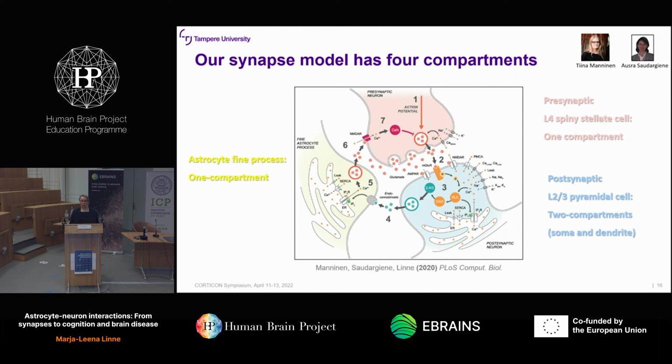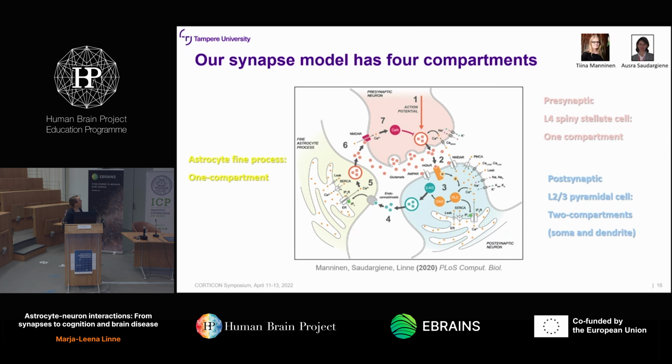So our synapse model ended up having 4 compartments. First of all, we have the presynaptic layer 4 spiny stellate cell compartment, and the postsynaptic layer 2/3 pyramidal cell has 2 compartments, soma and dendrite, and then we have a fine astrocyte process as 1 compartment.